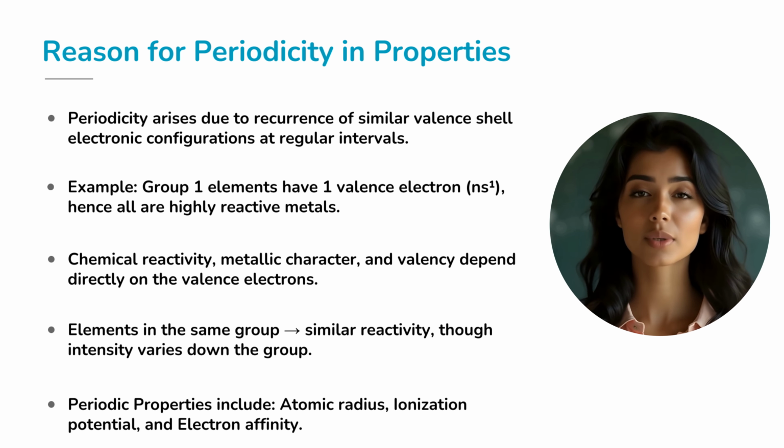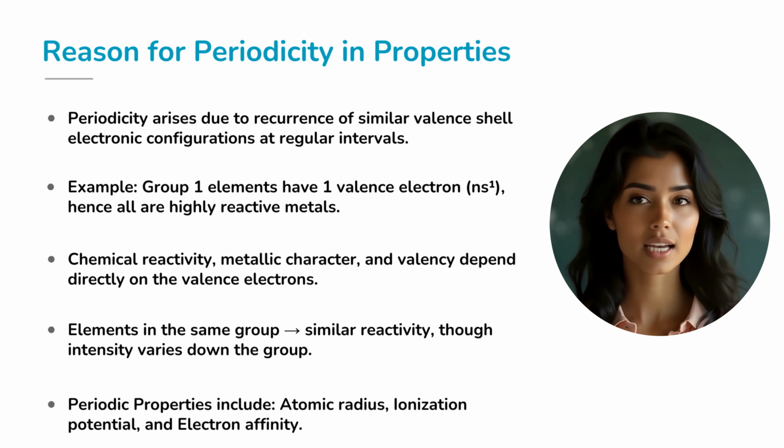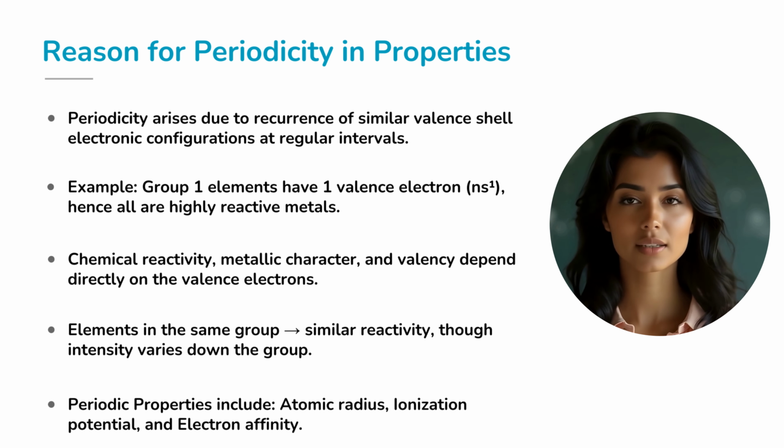Across groups, properties remain similar because the valence shell configuration is alike, while across a period, properties change gradually because electrons are being added one by one to the same shell.